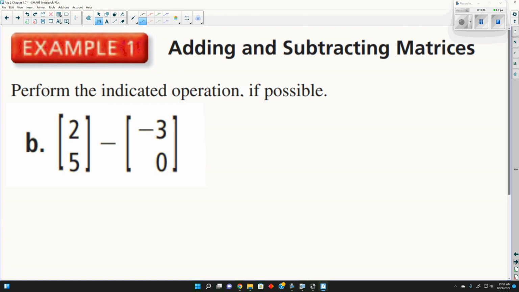Is it possible to subtract these two here? Yes. Because the first one is a 2 by 1, the other one is a 2 by 1, so we can subtract them. So we could do this in the calculator or we could do it by hand. Either one will work.